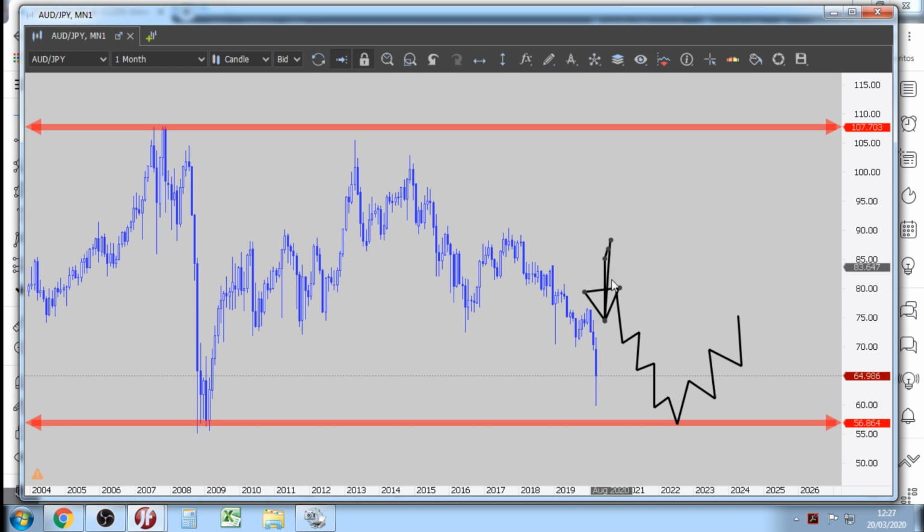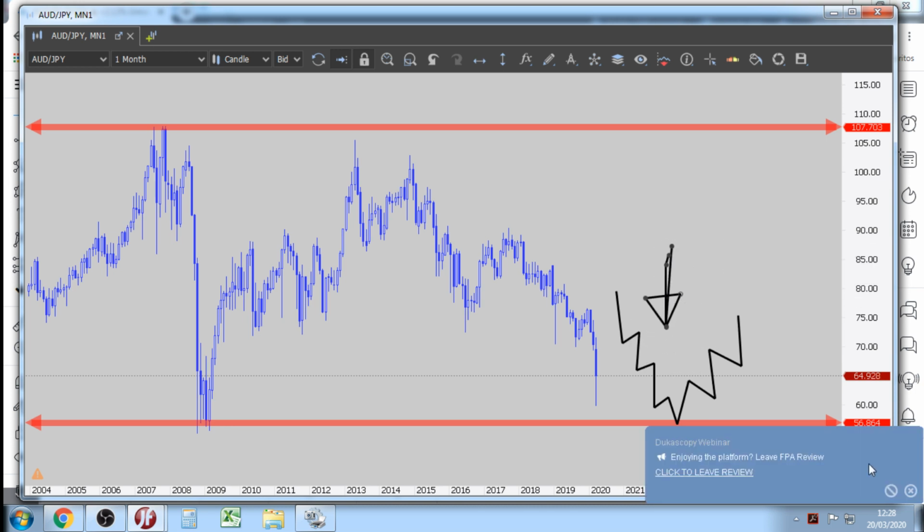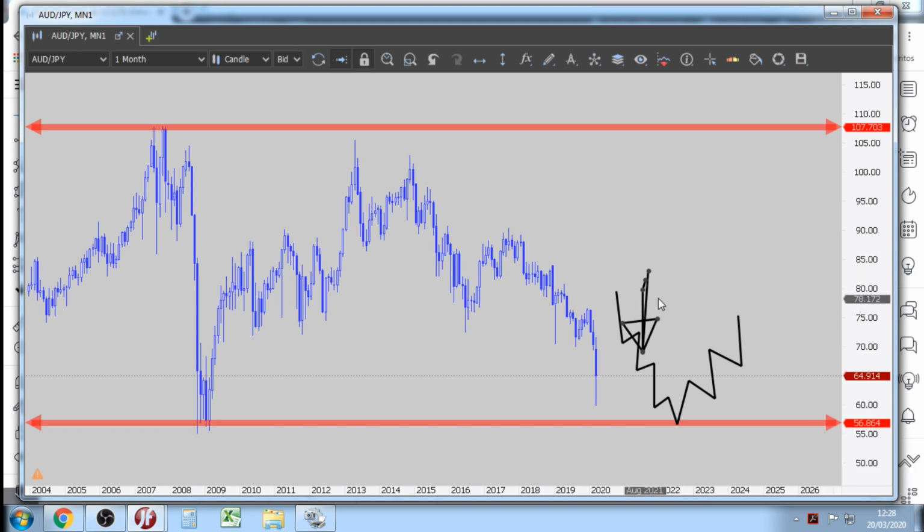For the time being, it's making lower lows, lower highs, and we are going to learn what the highs and the lows are, and then it's going to change and go up, making higher highs, higher lows. And we are going to learn how to confirm the trend. Not all the highs and the lows are relevant. Be patient and learn.